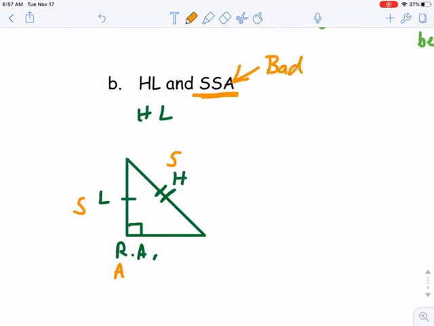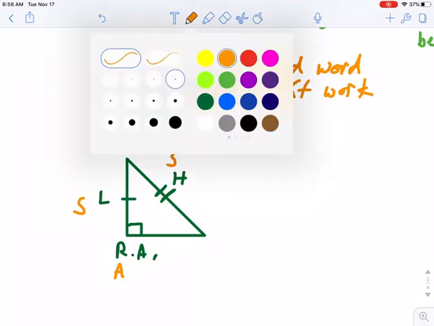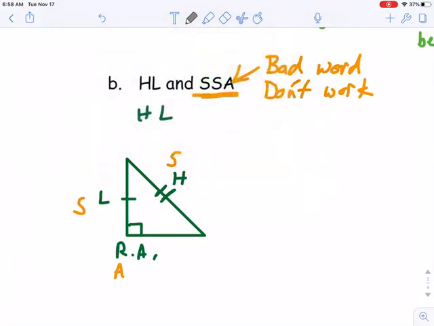I was going to write bad word. I almost wrote bored, silly me. Bad word, don't work. All right, you get what I'm saying here. SSA is a bad word. All right, but HL, not to get too tedious and too thorough, it's really side.